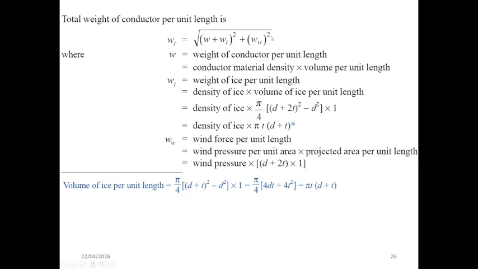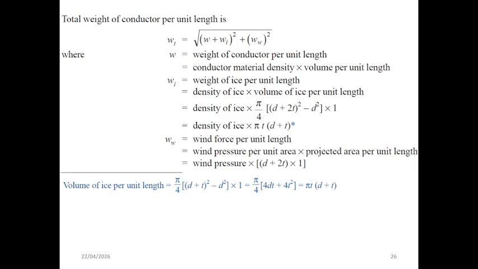In this equation, w represents the weight of the conductor per unit length, which depends on the material density and cross-sectional area. The term Wi is the weight of ice per unit length. This is calculated based on the volume of ice formed around the conductor and the density of ice.